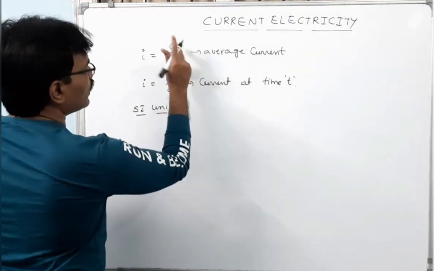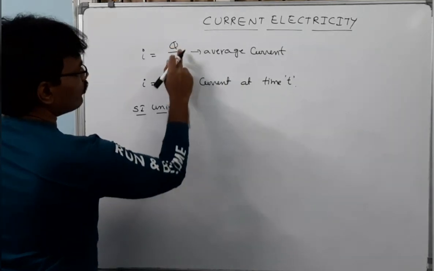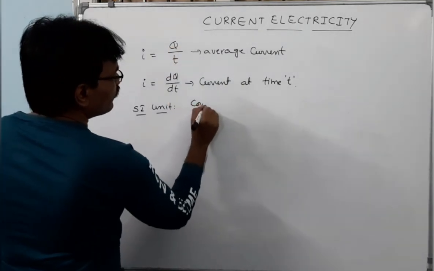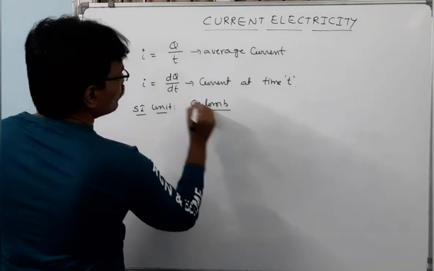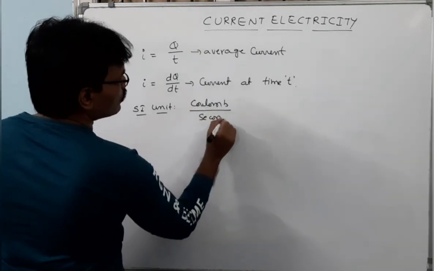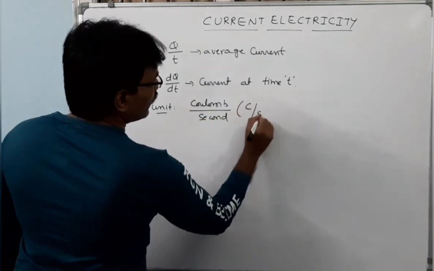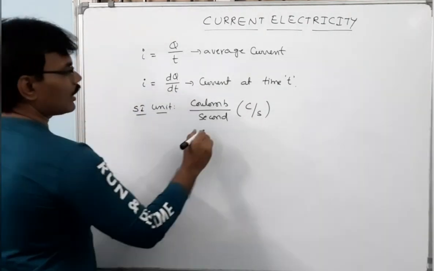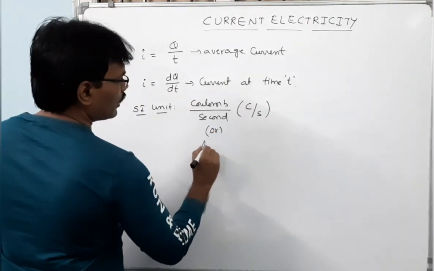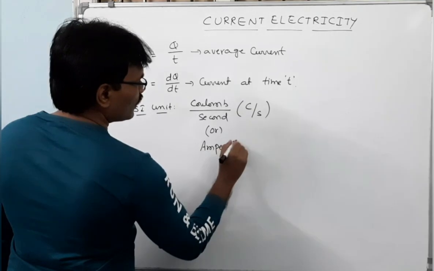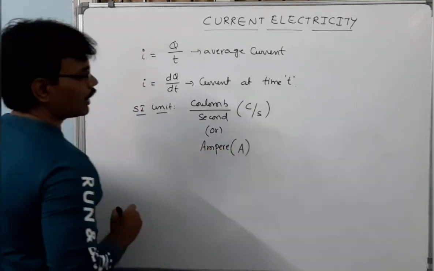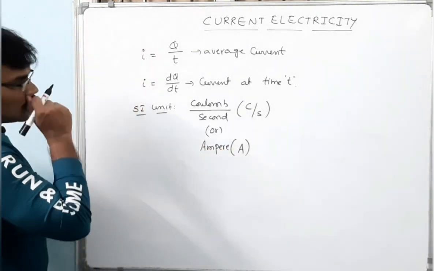Here it is charge and time. The SI unit for charge is coulomb, and for time it is second. Therefore coulomb per second is the SI unit, or the named unit of electrical current is ampere, denoted by the capital A symbol.